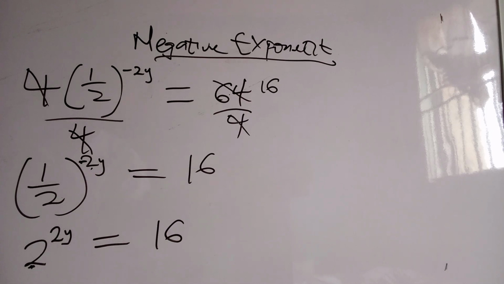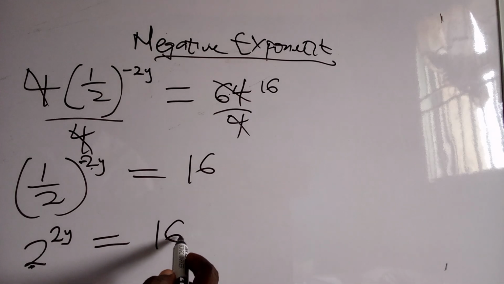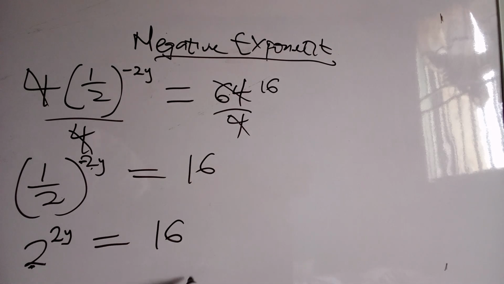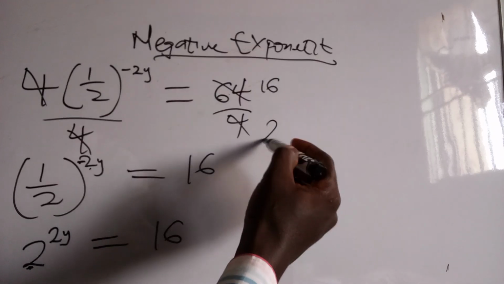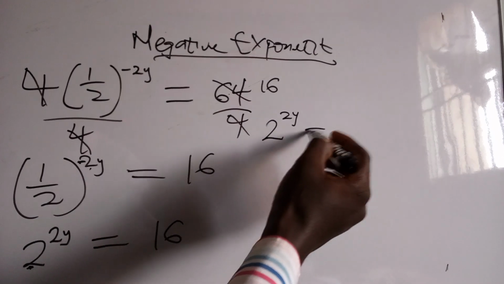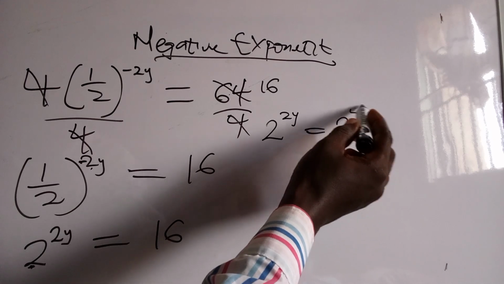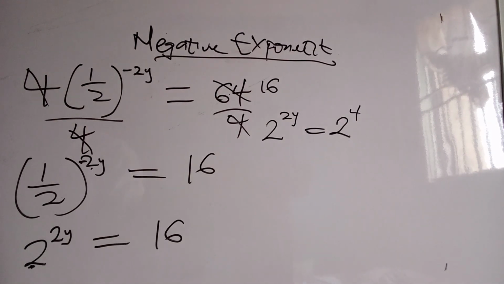The only thing we can do is to find the multiple of 16. So we have multiple of 16 to be 2 raised to power 4. Yes, 2 raised to power 4. 2 times 2 is 4, 4 times 2 is 8, and 8 times 2 is 16.